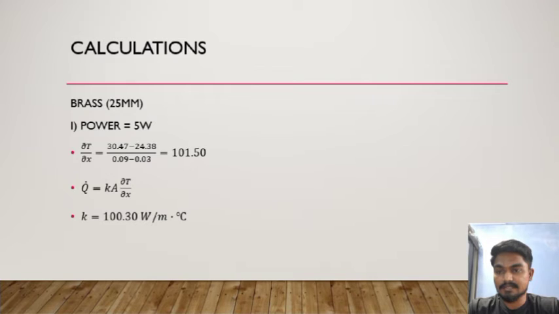And then for brass 5 watts, it is the same solution. So we get the thermal conductivity as 100.30 watts per meter degree Celsius. That's all from me. My friends will continue after this.